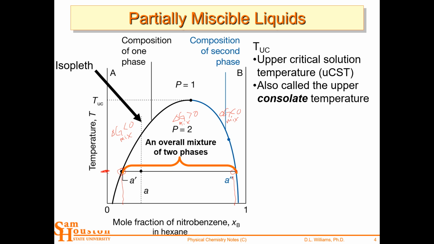It can be 40% of the other phase in one phase. So in this case, it was 40% nitrobenzene in the hexane layer. So it's not pure hexane. It's 40% nitrobenzene. That's pretty dirty when we talk about dirty solvent. It's 40% dirty.